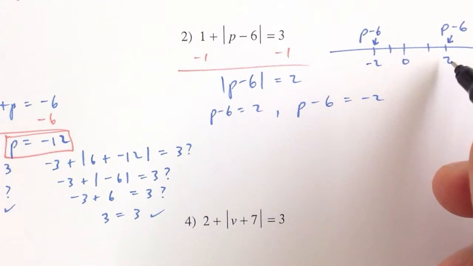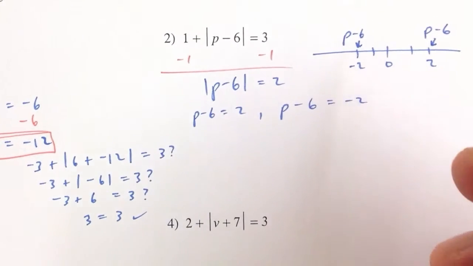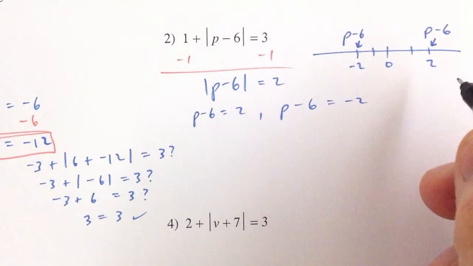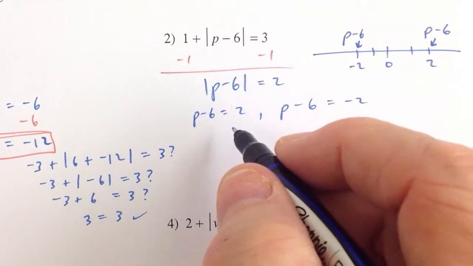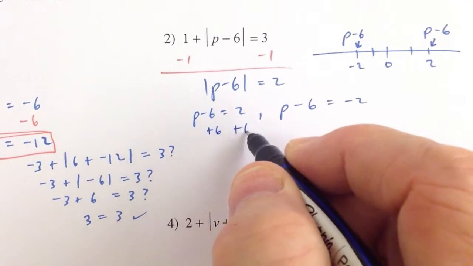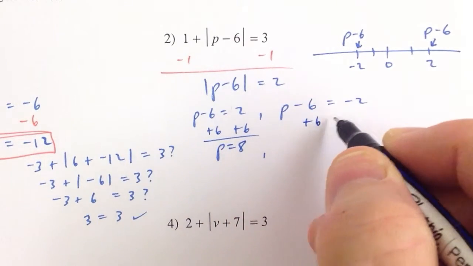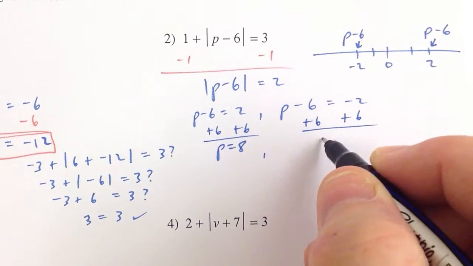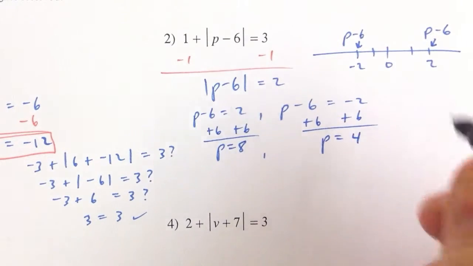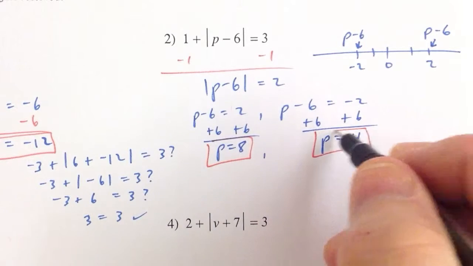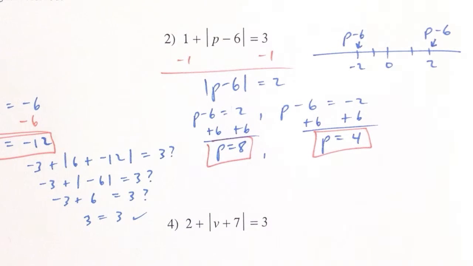Either p minus 6 equals 2 or p minus 6 equals negative 2, and those are the 2 equations that we get. And when we add 6 to both sides, here we get p equals 8. And adding 6 to both sides over in this equation, we get p is equal to 4. And we get the 2 solutions, p equals 8 and p equals 4.